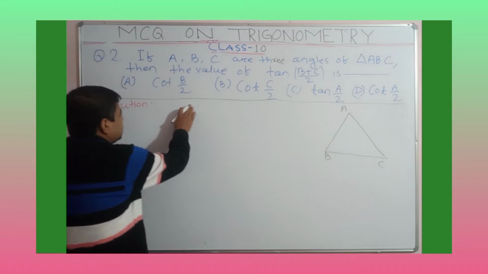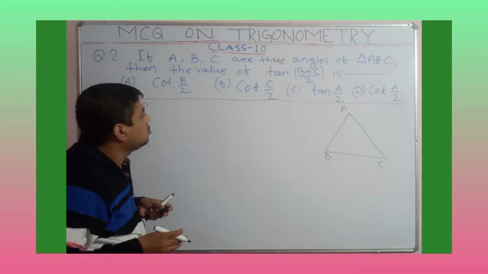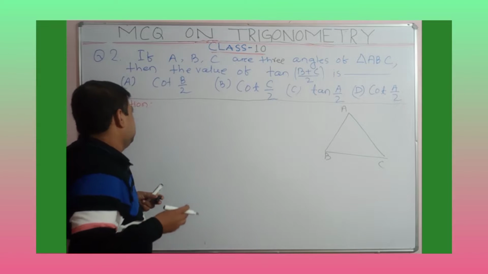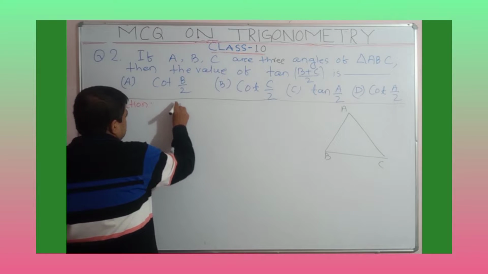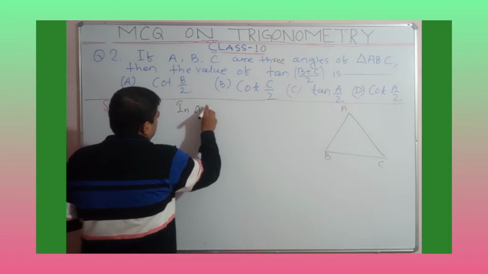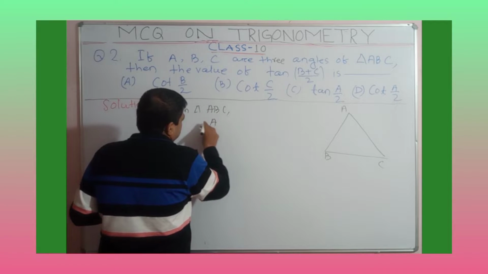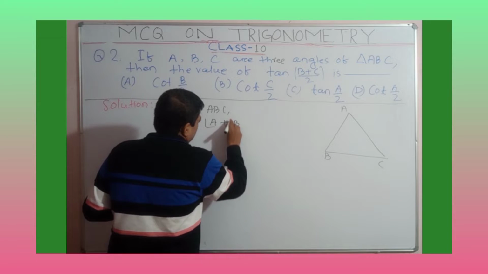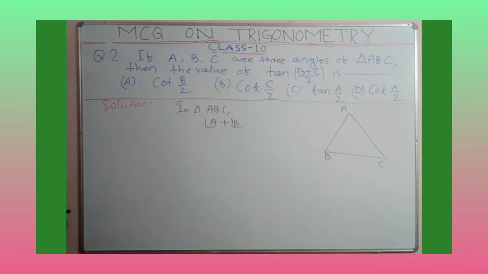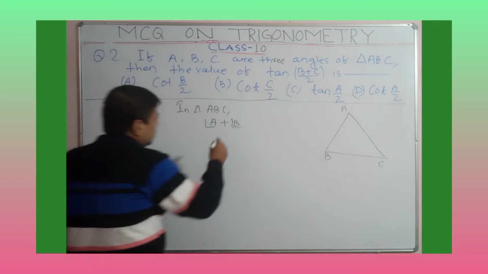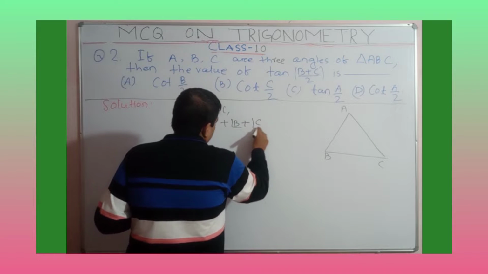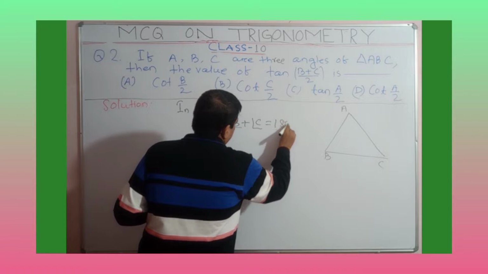All of you know. So using that concept, you have to find the required value. In triangle ABC, angle A plus angle B plus angle C is equal to 180 degrees, the angle sum property of a triangle.